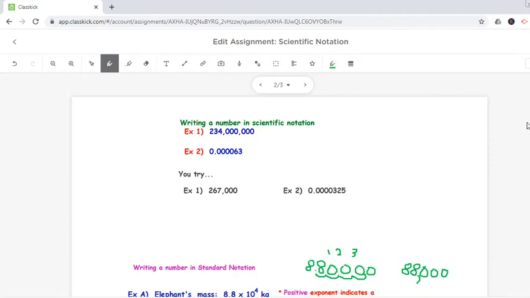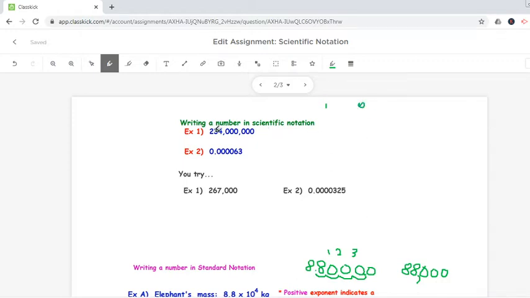So let's take a look at this example 1. So we need to put 234 million in scientific notation. Okay, so we know that it needs to be between 1 and 10.